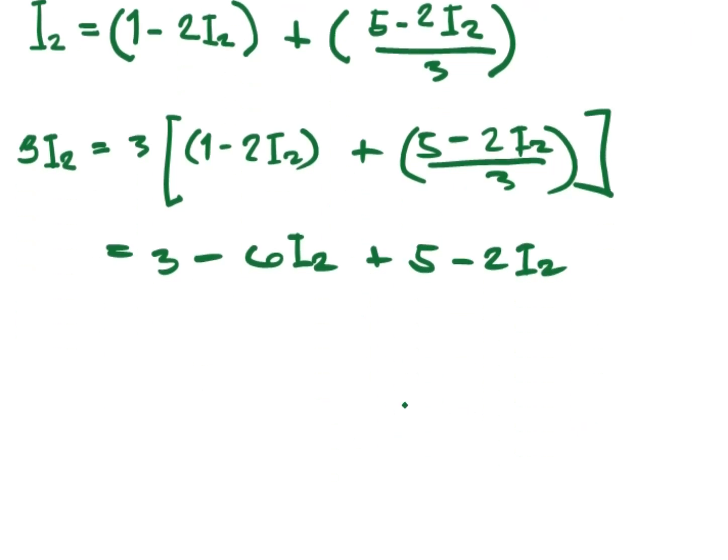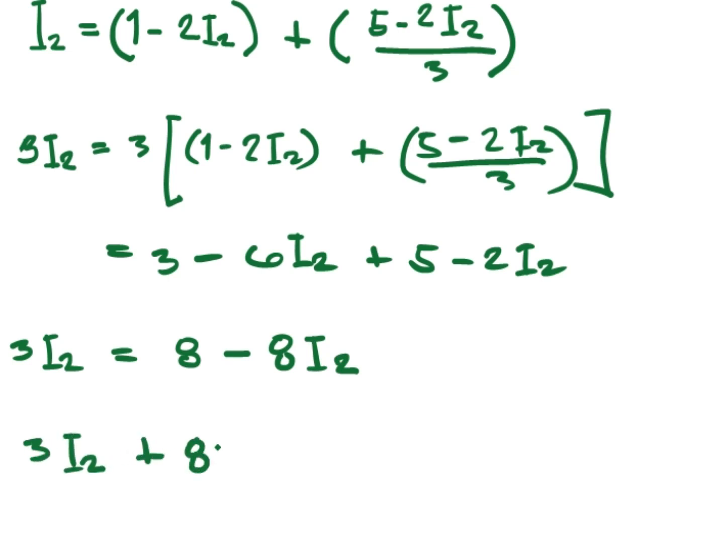So we'll now have 3I2 is equal to 3 plus 5 is 8. Negative 6I2 minus 2I2 is negative 8I2. Transferring negative 8I2 to the left side of the equation, we'll have 3I2 plus 8I2 is equal to 8.